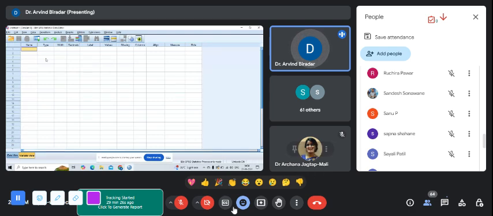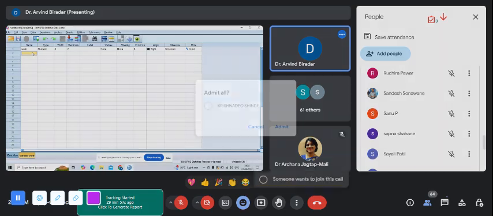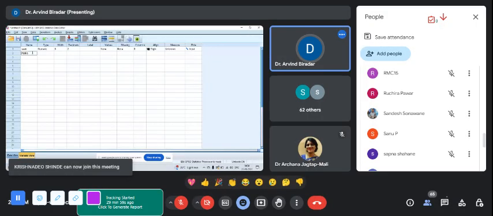The second half I'm going to start with non-parametric tests. So this is a team. Marks 1.